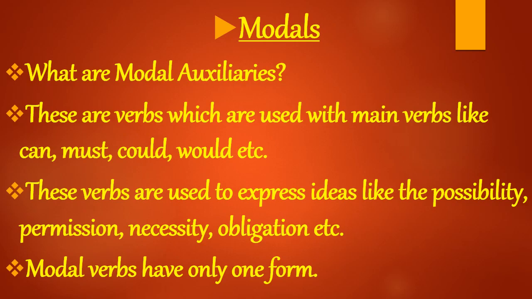Modal auxiliaries are actually used to show possibility, ability, permission and obligation, and they do not change their forms according to the number and person of the subject. They are always followed by the present form of the verb, means first form of the verb.